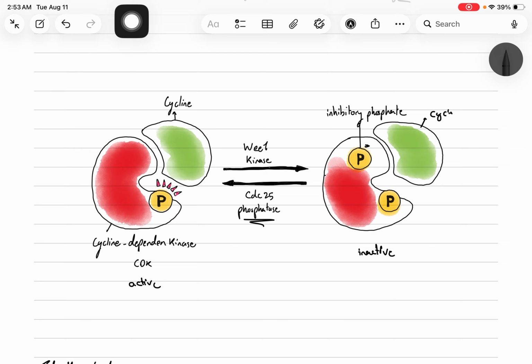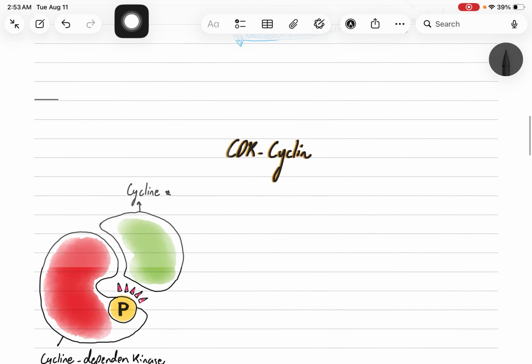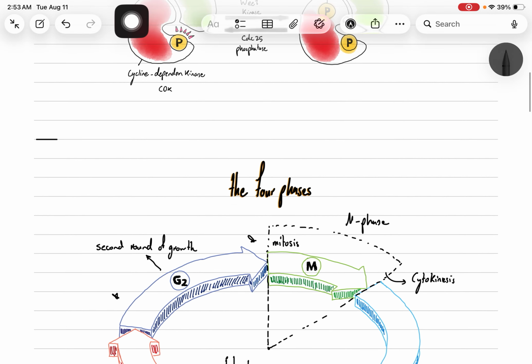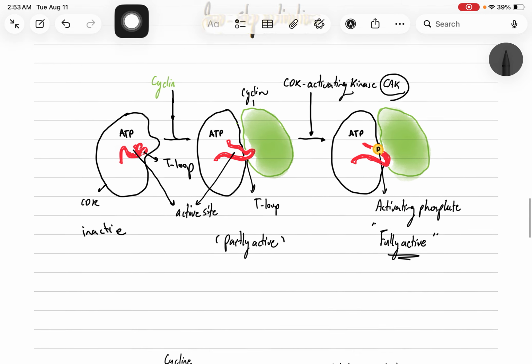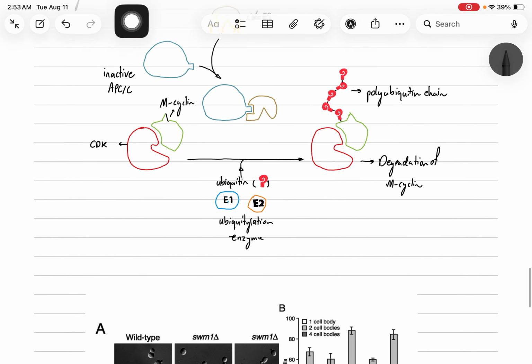For M-CDK specifically, active M-CDK hyperactivates CDC25 and suppresses Wee1 through positive feedback, which rapidly amplifies the signal once the cell commits to entering mitosis, and we do have it right here. But anyways, we're going to talk about it later on.